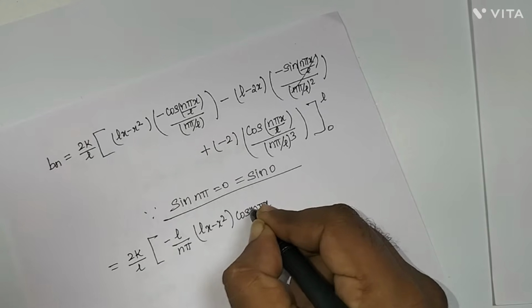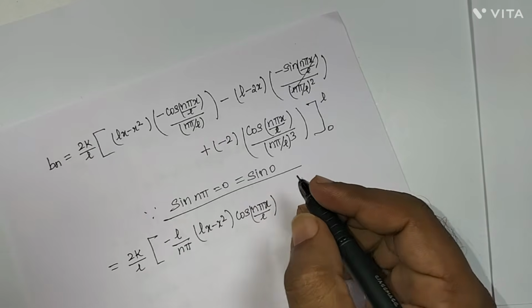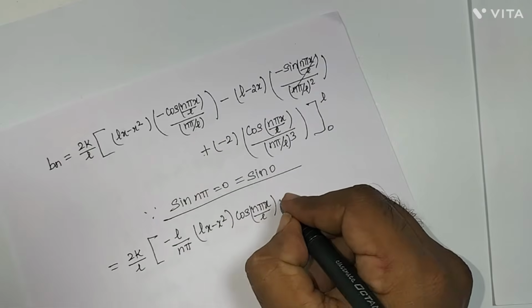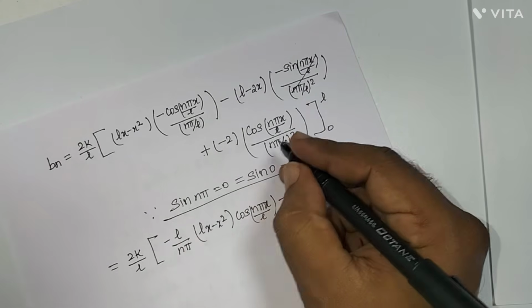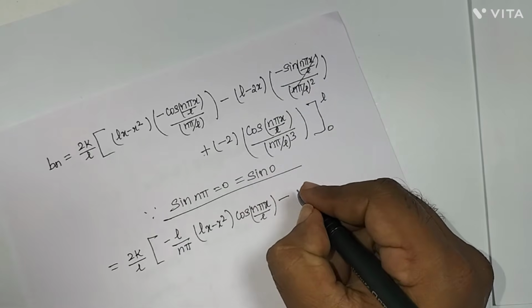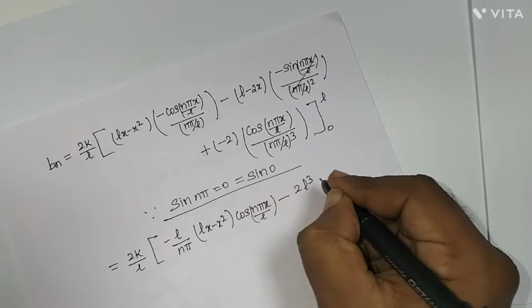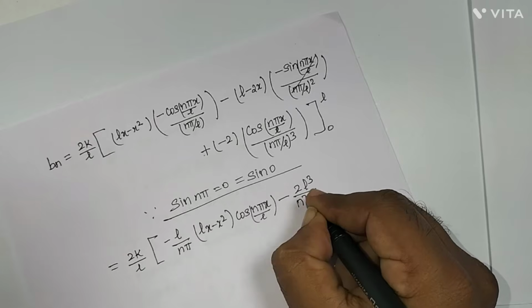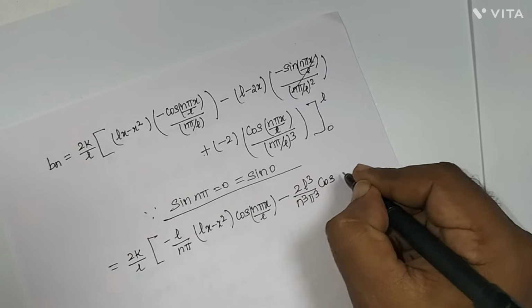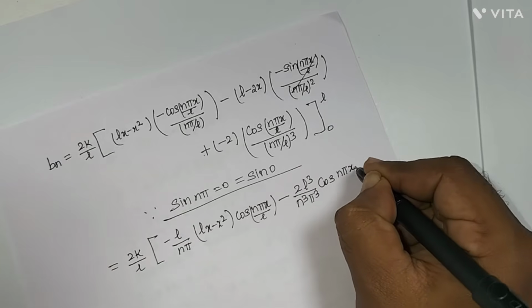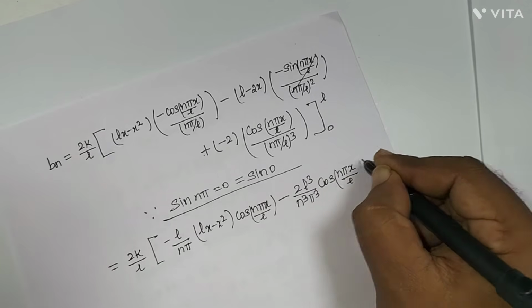And plus into minus minus, this (n pi by L) cube denominator term I am shifting to numerator, take a reciprocal: 2 into L cube divided by n cube pi cube and cos(n pi x by L). The limits 0 to L.